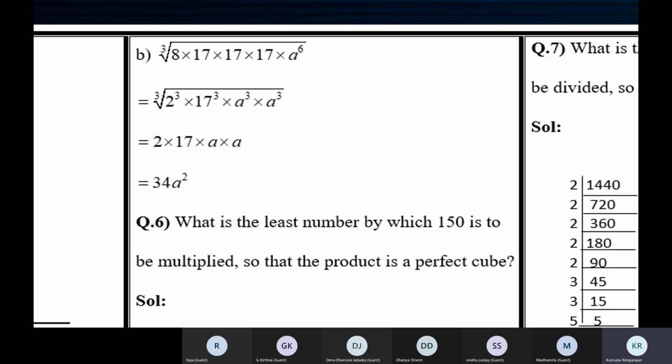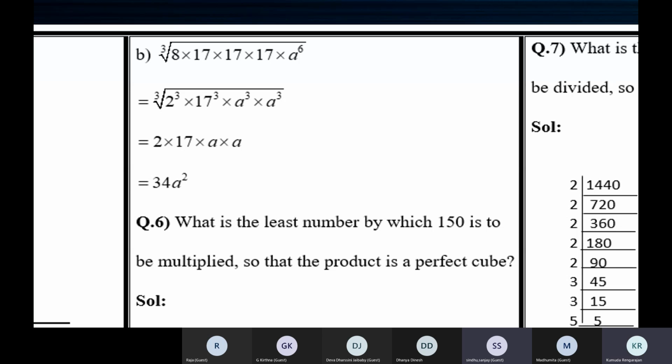Yes, what's the answer? Ma'am, is it 180, ma'am? 180.